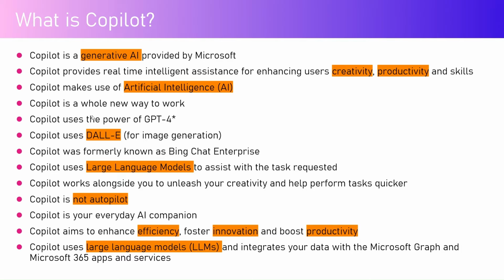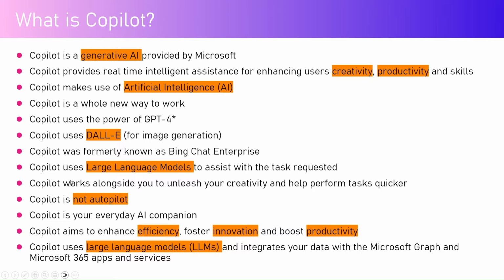It uses the DALL-E model for image generation, so you can generate various images based on prompts. Copilot was formerly called Bing Chat Enterprise. Recently, Microsoft has started making use of GPT-4 and GPT-4 Turbo models behind the generative AI.